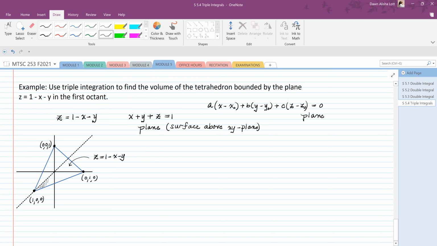So here's my region R. That little triangle on the bottom, that's R. So if I draw R, R looks like this. That's R.